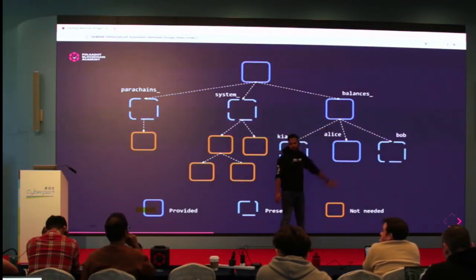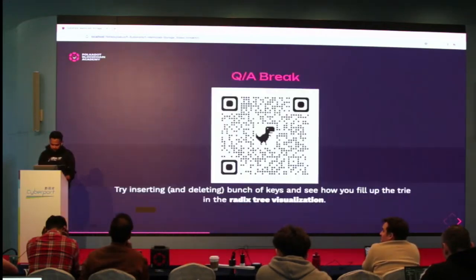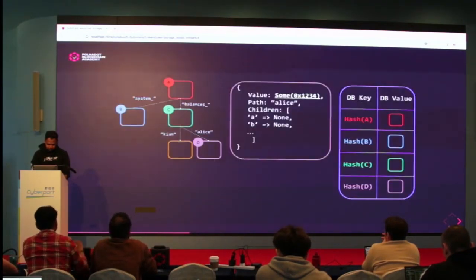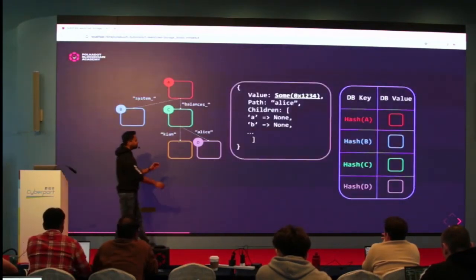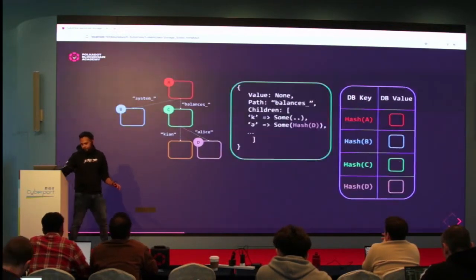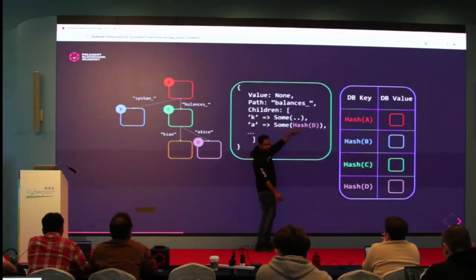The hashes are there in the value of this node. When you say we have hashes, you mean the hashes of each node, three hashes in the balances node? A node value contains the hashes of the children.